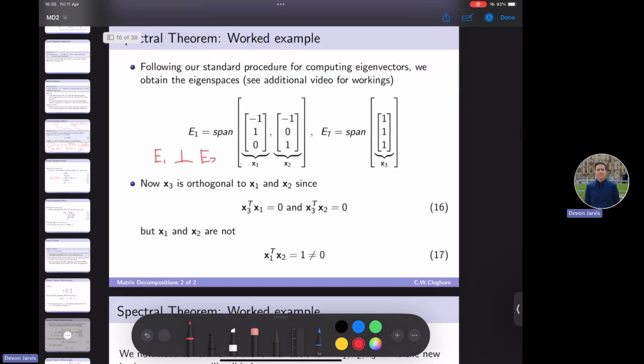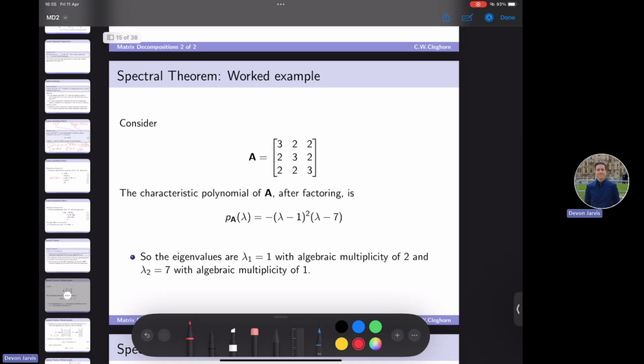Typically you write lambda 1 equal to 1 and lambda 2 equal to 7, because that's not unique. But when you build the matrix, it would be 1, 1, 7, so you keep that many dimensions in the diagonal matrix. That would be D. When you're writing it out, you just need to say what the eigenvalues are. In the actual question, I ask you to give the full decomposition so that I can check that you write it properly.